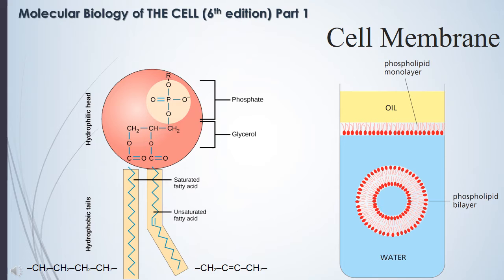We have a saturated chain, which is the straight chain coming down from the red circle, and we have an unsaturated chain on the right side of that. Unsaturated basically means that somewhere along the fatty acid we have a double bond between adjacent carbons.